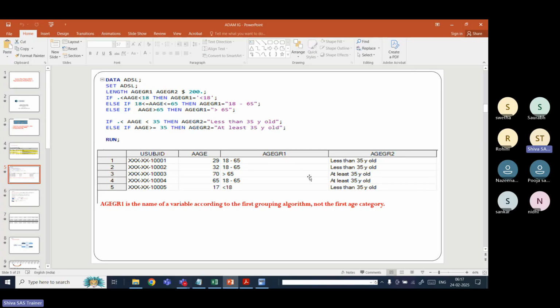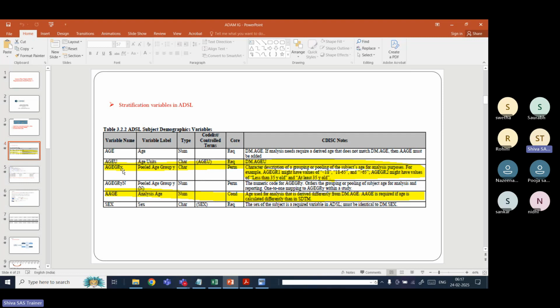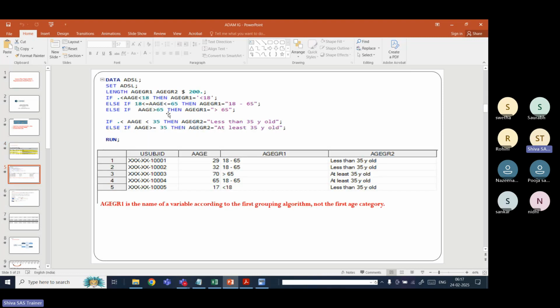These two types of categories they want to analyze for the age variable, so we need two variables in your study. That is why they mentioned AGEGRy. In the y place, you have to mention as many numbers as groups you need: AGEGR1, AGEGR2, like that.